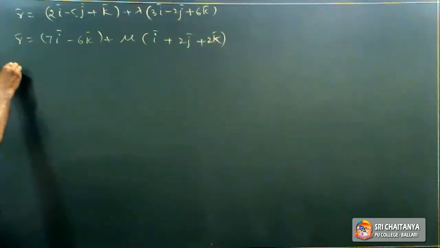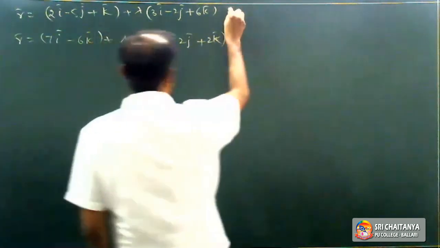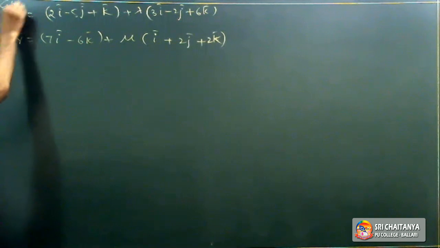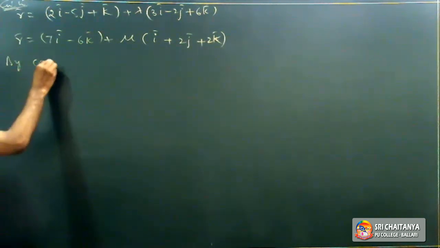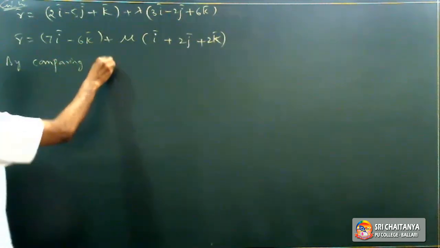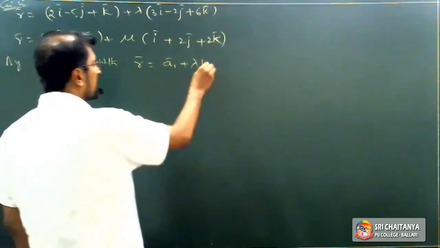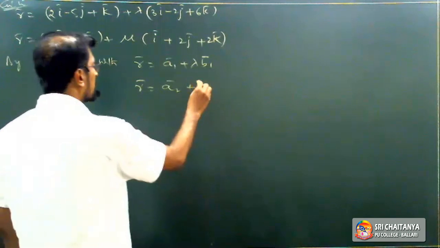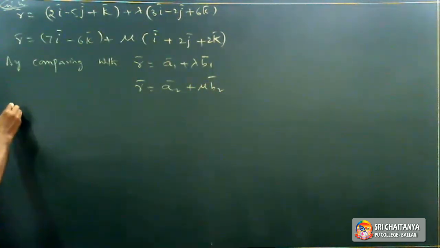Let us consider comparing, solution. Given lines, by comparing with r bar is equal to A1 bar plus lambda B1 bar, r bar is equal to A2 bar plus mu B2 bar, right?